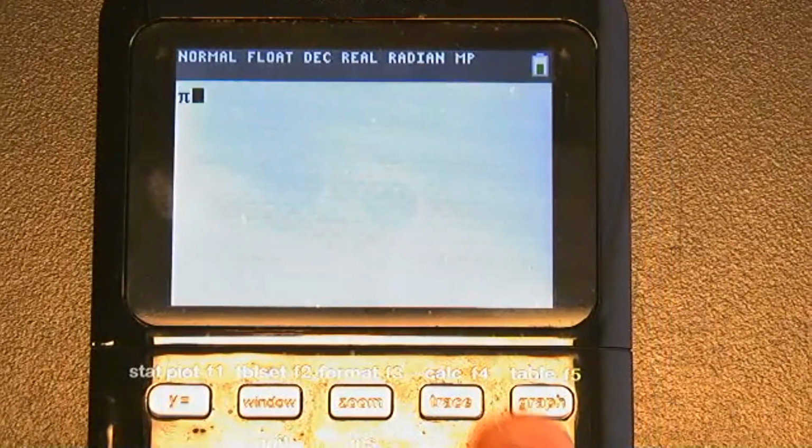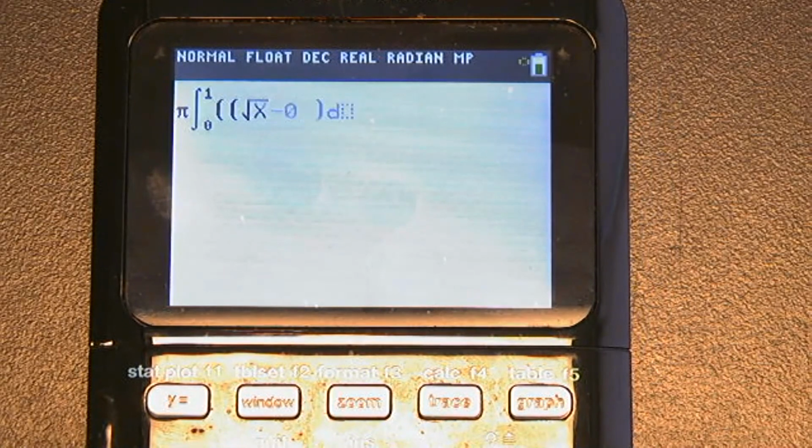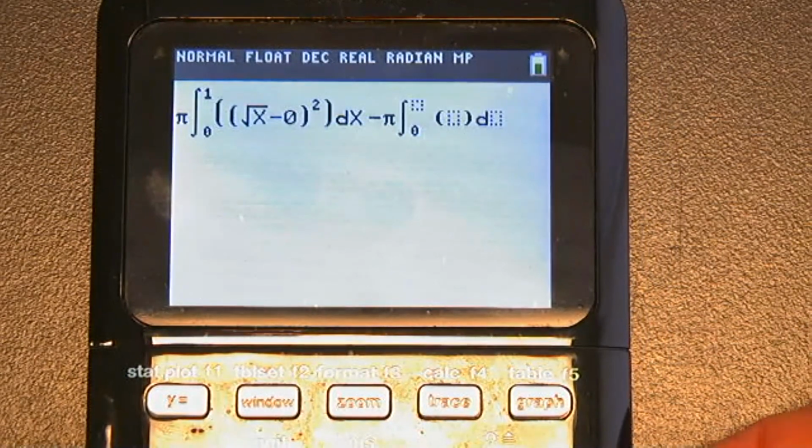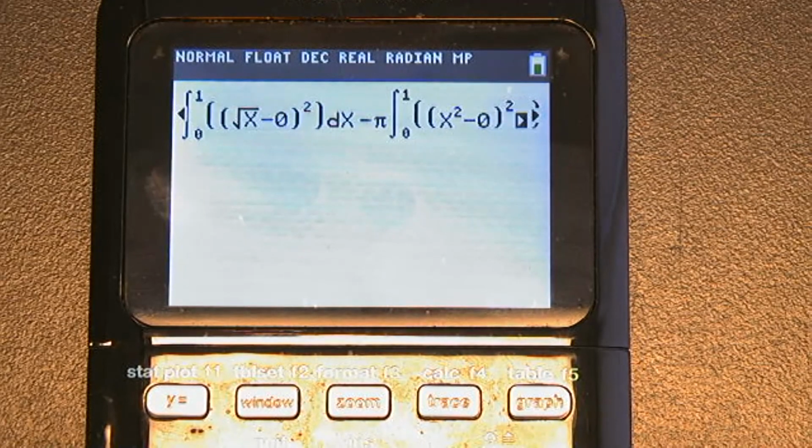So here we go. Pi, integrate from 0 to 1, square root of x minus 0, quantity squared, with respect to x, and then I do minus, math 9, there we go.